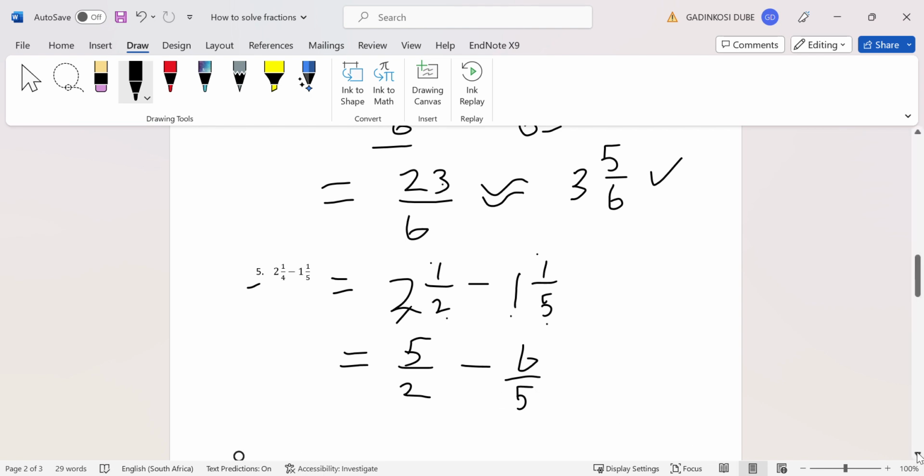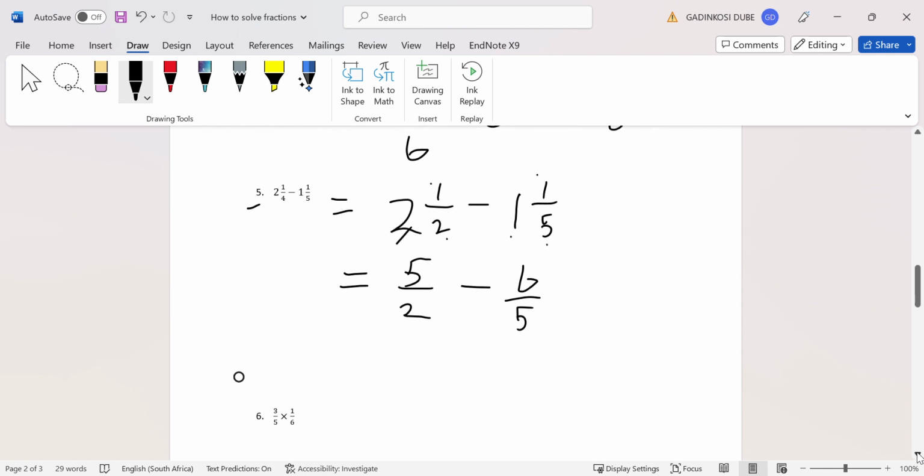Now, once you've converted it to a top-heavy fraction, you just get the multiple. How do you get the multiples? That's straightforward. That's what we've been doing all along. So here it's 10. So this will be multiplied by 5, multiplied by 5, multiplied by 2, multiplied by 2. Okay.